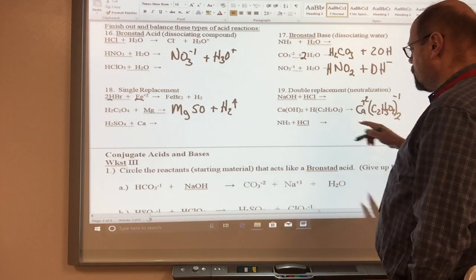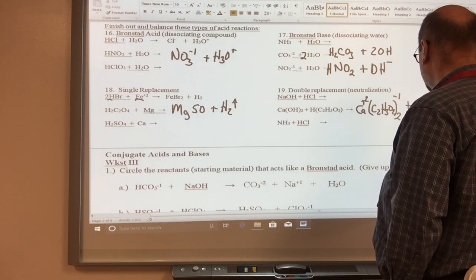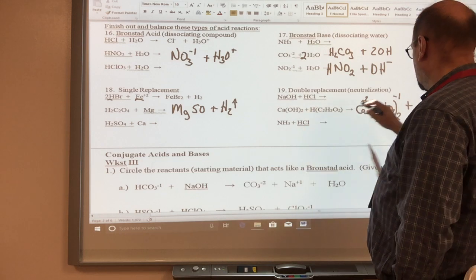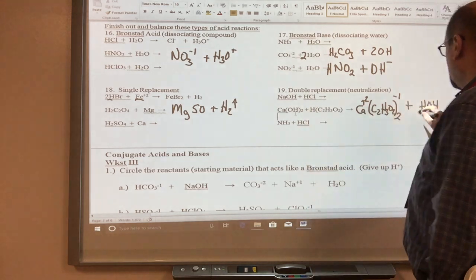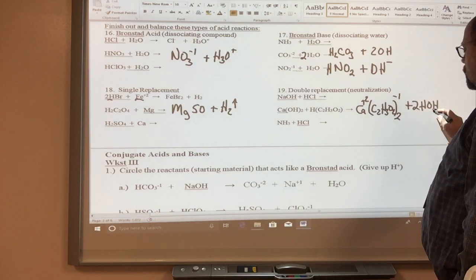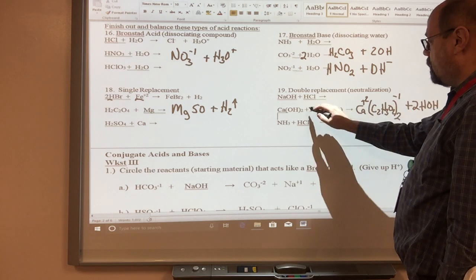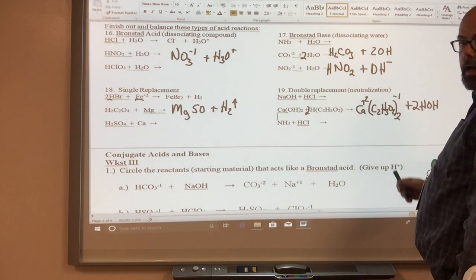You're always trying to get the charge the same, and then H and OH get together to make water. But since there are 2 OH's here, I'm going to need to have 2 HOH's on this side. That gives me 2 H's here, so I'm going to have a 2 in this area. And then they end up balancing because I have 2 acetates.